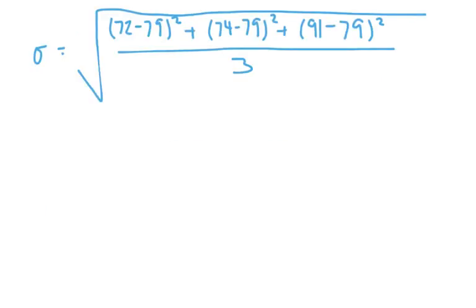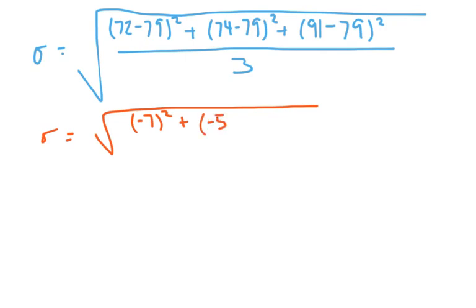Okay, here's where we left off. And now let's start cleaning it up a little bit. So sigma is going to be the square root of, alright, 72 minus 79. That'll be negative 7 squared plus 74 minus 79 will be negative 5 squared. And then 91 minus 79 will be 12 squared all over 3.